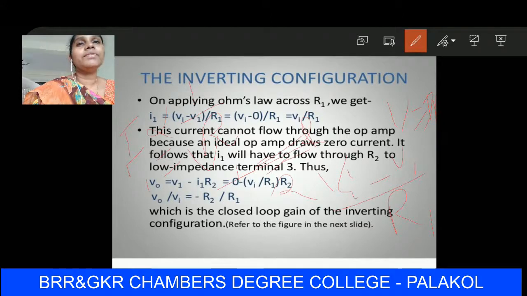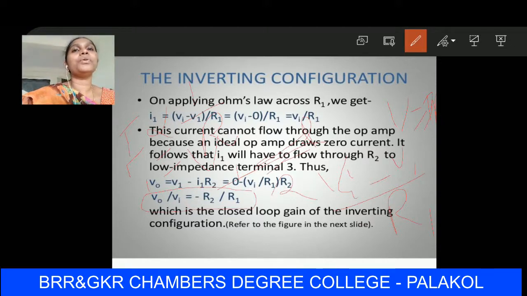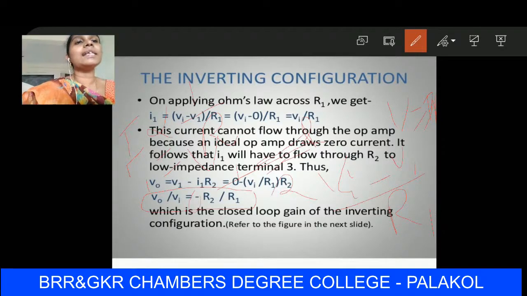Okay, so this is a very important formula. V0 divided by Vi is equal to minus R2 by R1. It is the closed loop gain of the inverting configuration. Here the minus indicates a 180 degrees phase shift.